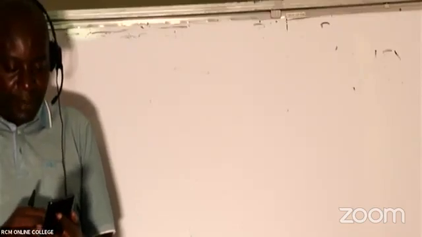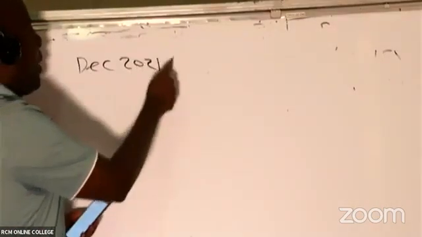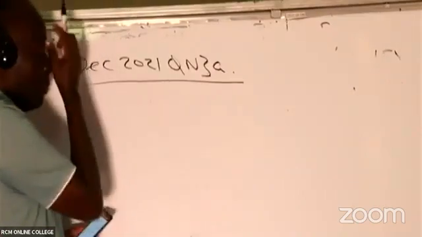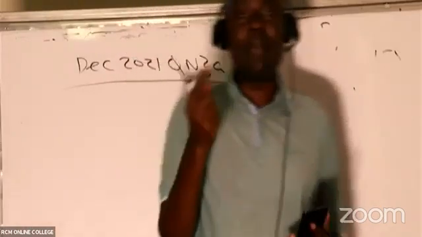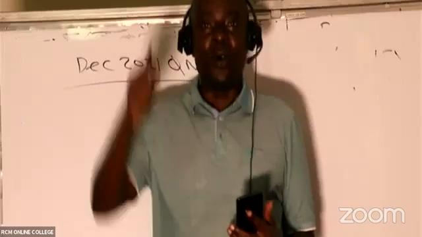So it is December 2021, question number 3A. I always use this concept of imperfectionism, and I end up becoming number one. During my time, in FA4, I was the best in ACCA, globally.